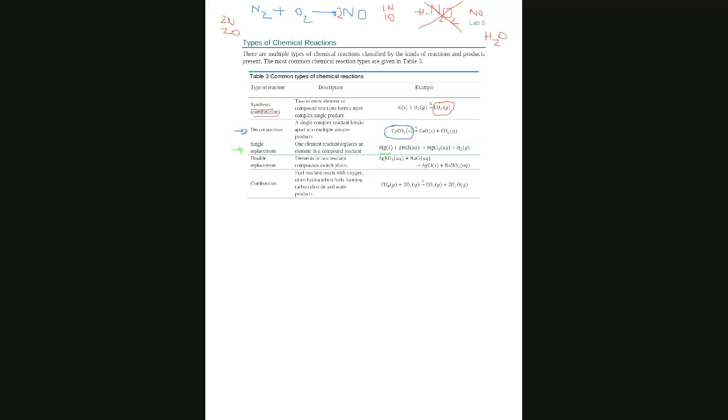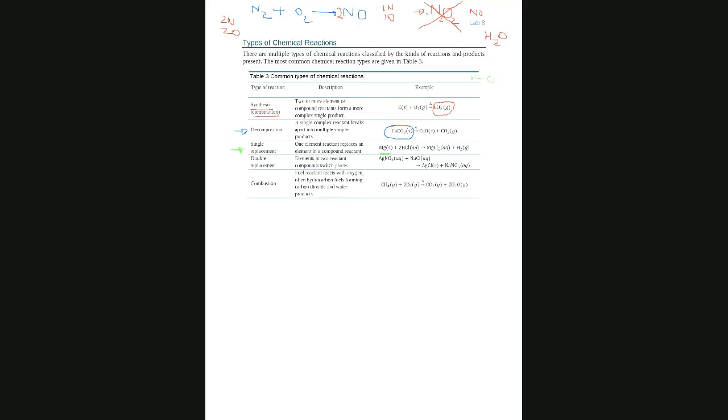If you look at the formula of hydrochloric acid, it is H combined with chlorine. And what is the magnesium doing in the product?